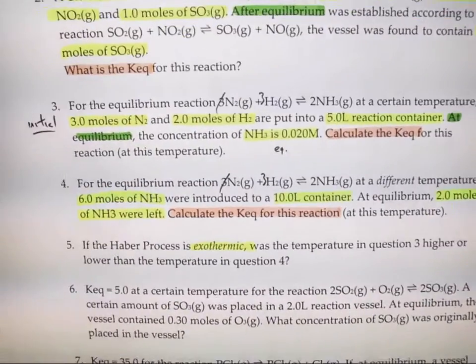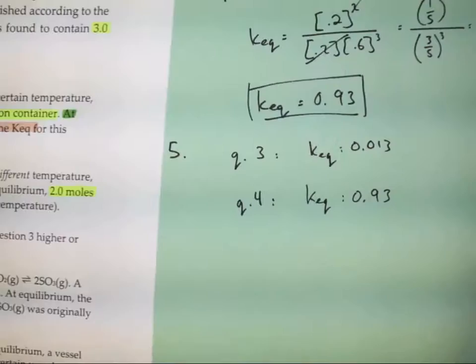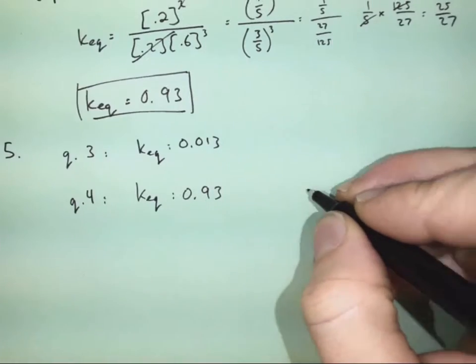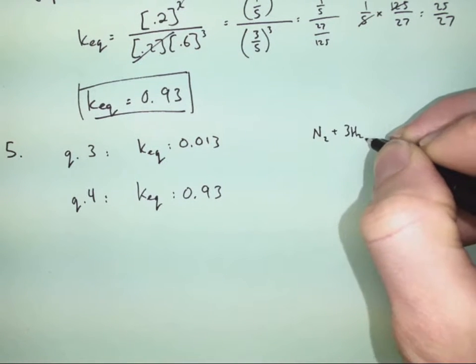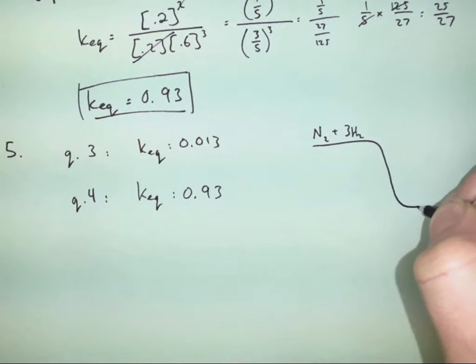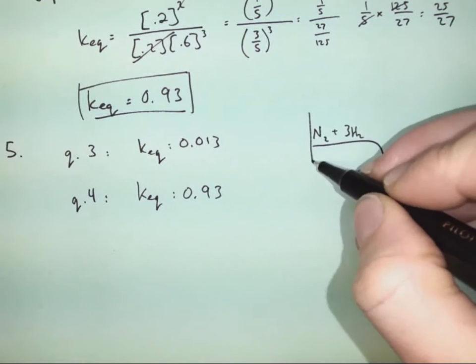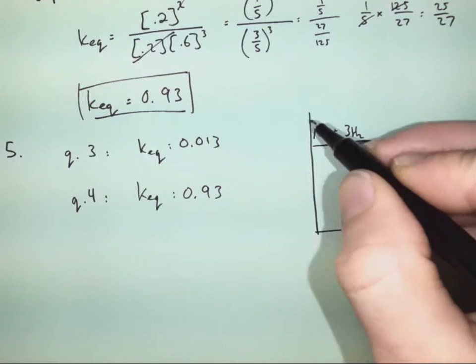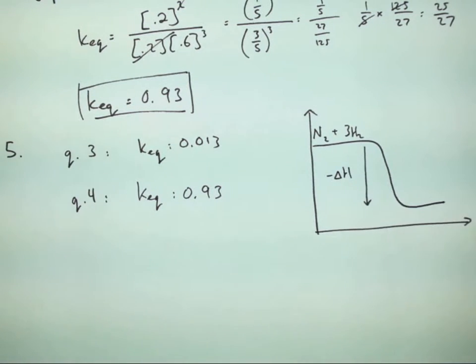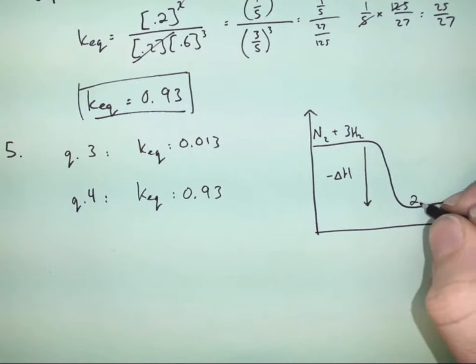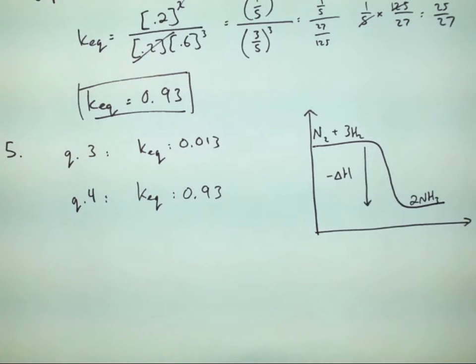All right, so arguing the Haber process is exothermic, let's write that out as if it is. So I'm going to write a little diagram here. That says to me that my nitrogen and my hydrogens live up here. And they're going to go down a slide as the reaction progresses, losing their bond energy and releasing it to the universe in terms of heat. So we're going to lose enthalpy. And then we get 2 ammonia as a result. Okay. And that just is a visualization of the idea that it's exothermic. Okay. So what does that mean?